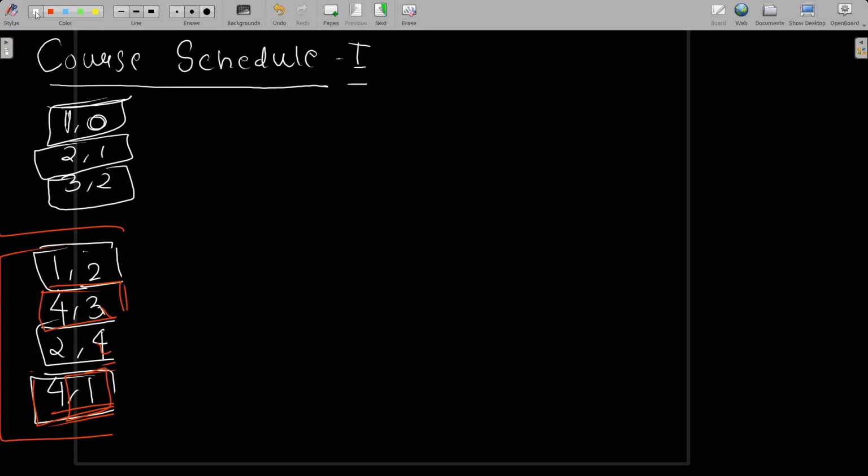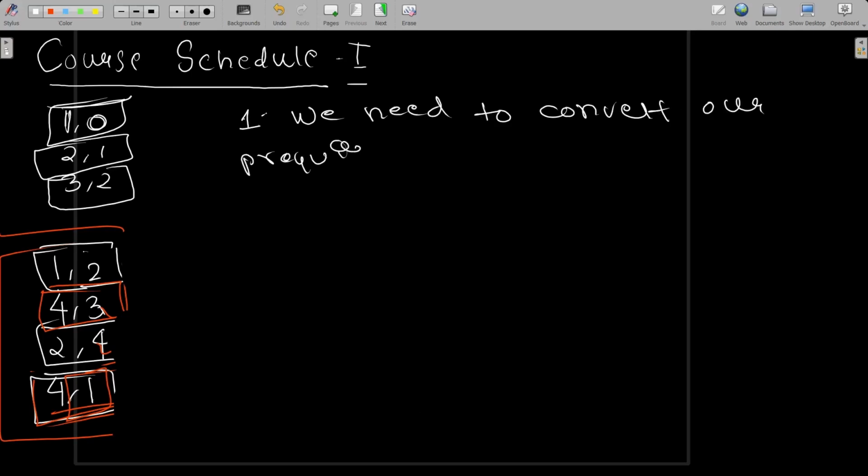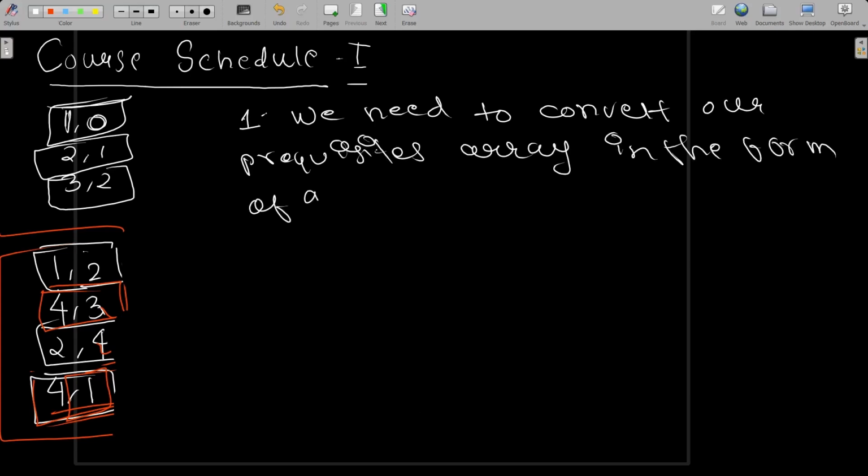The very first step that we need to do is to convert our prerequisites array in the form of a DAG, and you can do that by just creating an adjacency list.